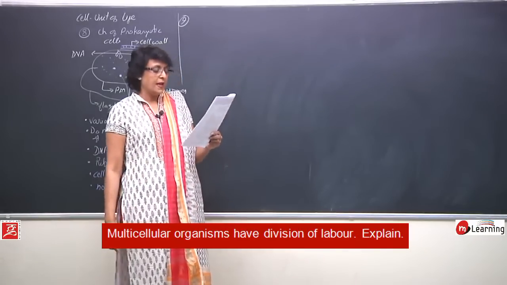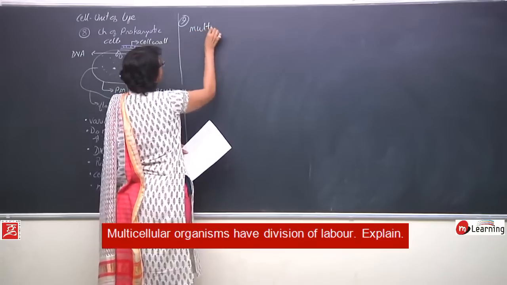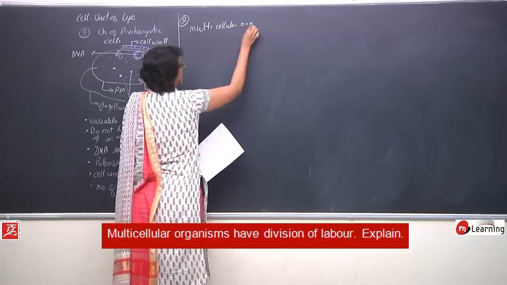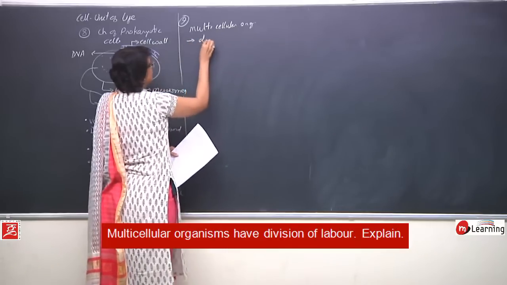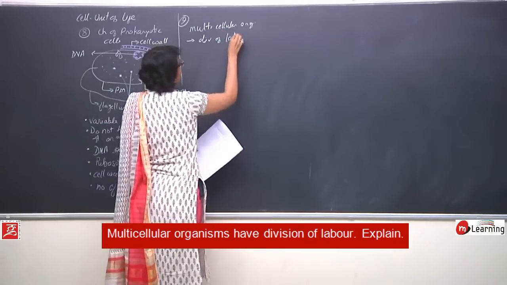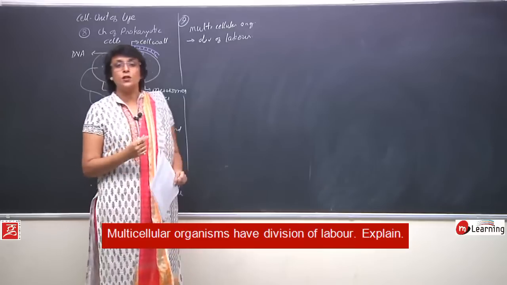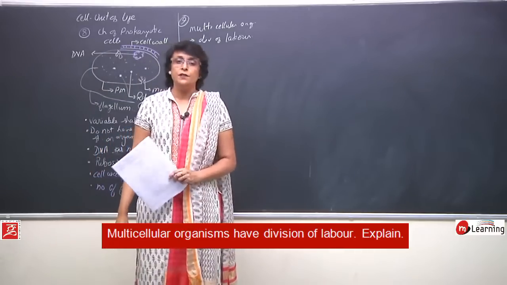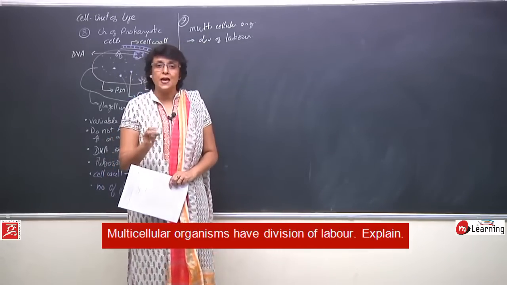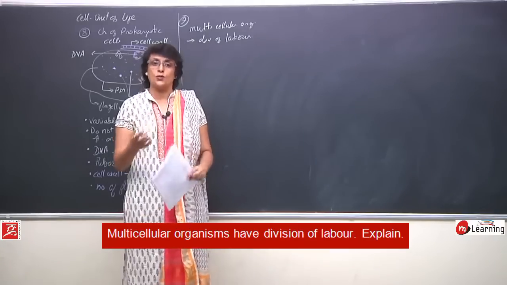The statement is that multicellular organisms show division of labor. First, let us understand what is meant by division of labor. Division of labor basically means when the different jobs are assigned to different structures or organs or systems.